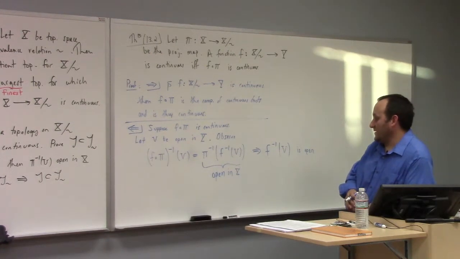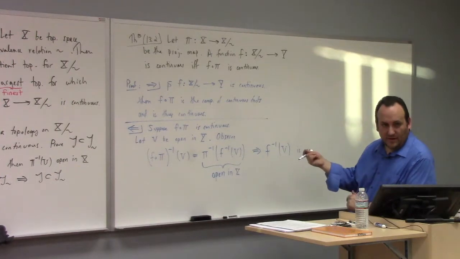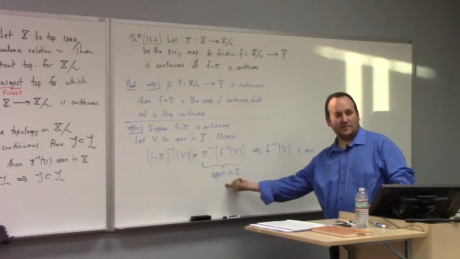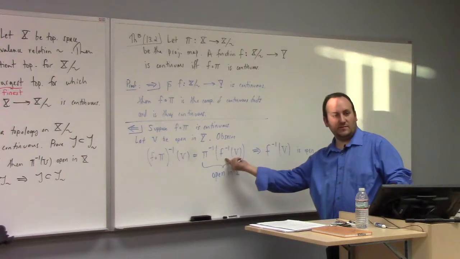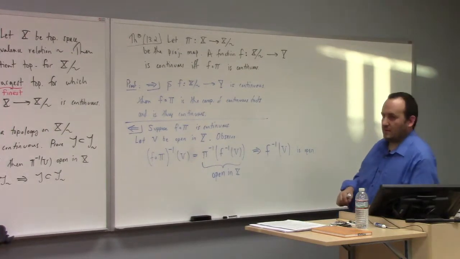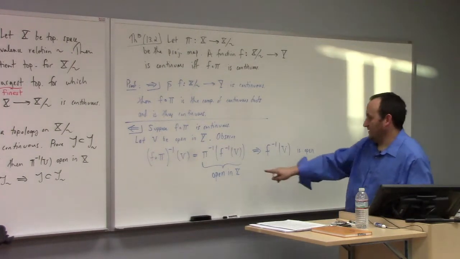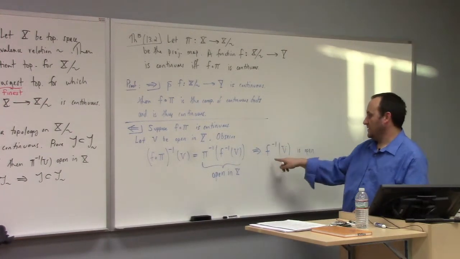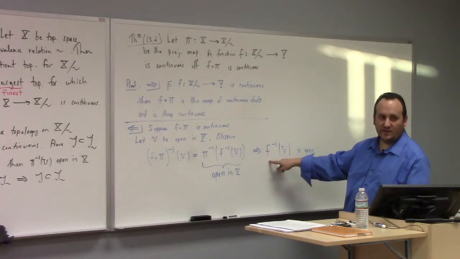Yes, open in X. But that being open in X means what? It means that the only way this can be open in X is if this was open in where? In X in the quotient set. And if that's open, of course, that being open is what we're after, right? Because we want to show that the inverse image under F of an arbitrary open set in Y is open.